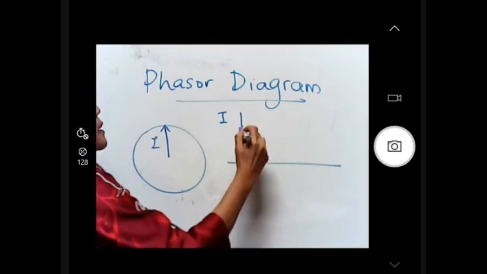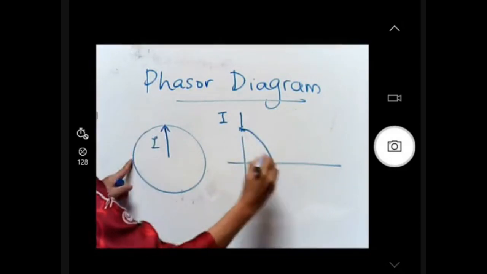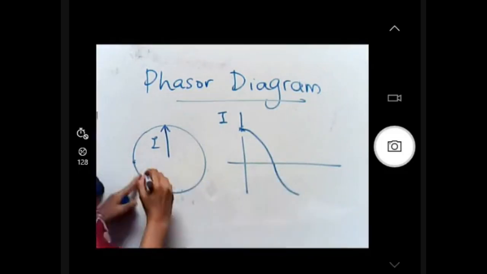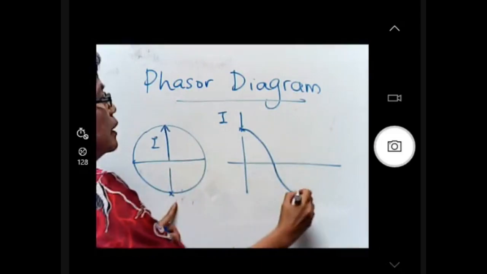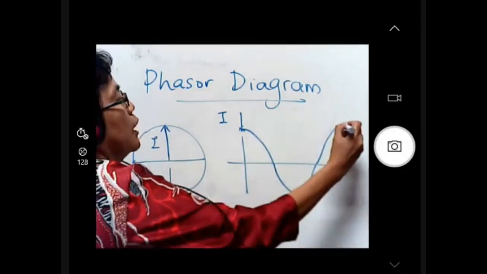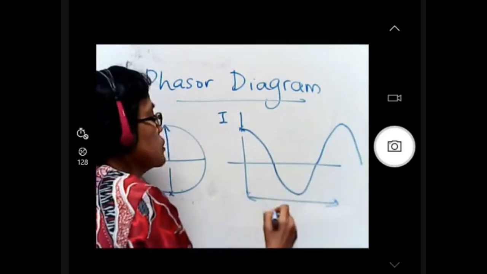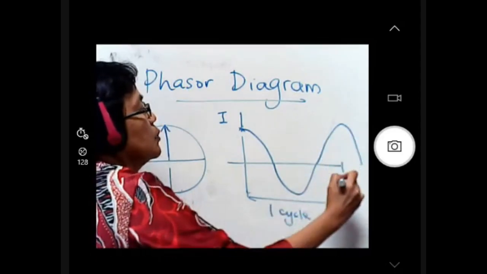After some time, it will move down here and then go down. Then it goes up, and up and down. So this is also known as one cycle. The time taken here will be one period.